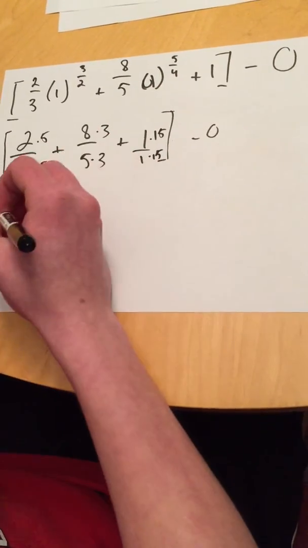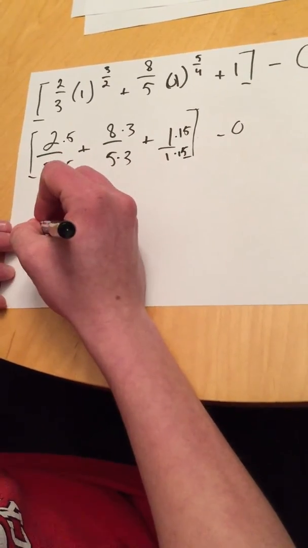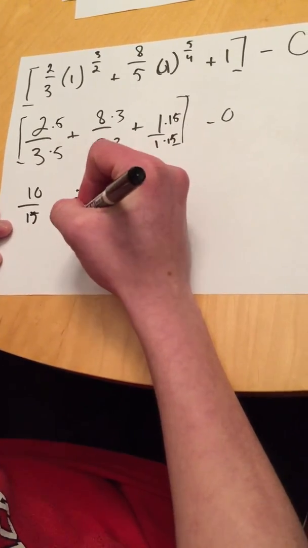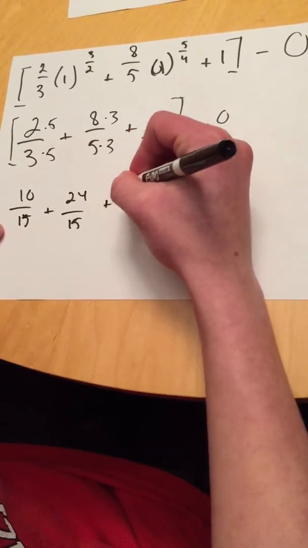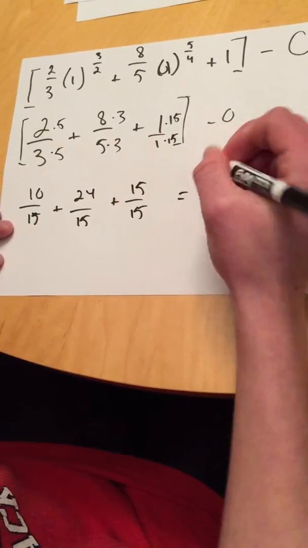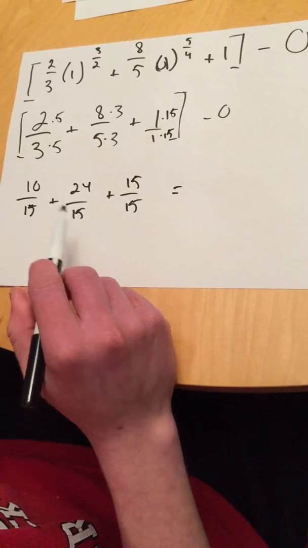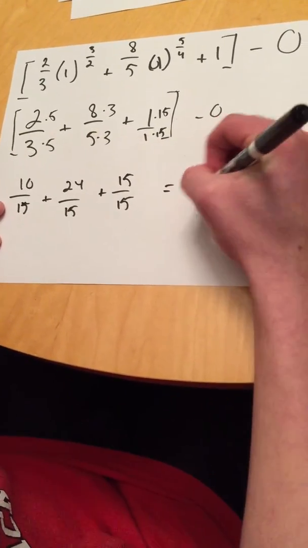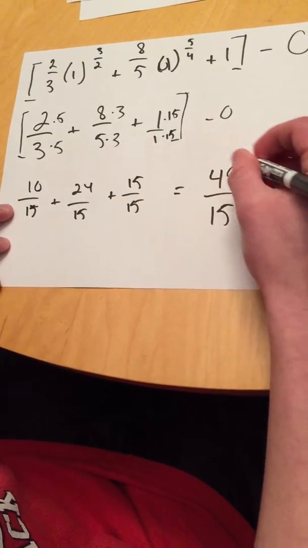So we get 10 over 15 plus 24 over 15 plus 15 over 15, which ends up giving us 49 over 15. And that is the final answer.